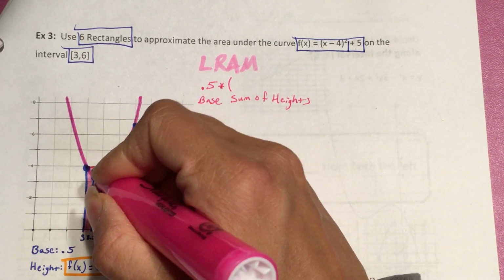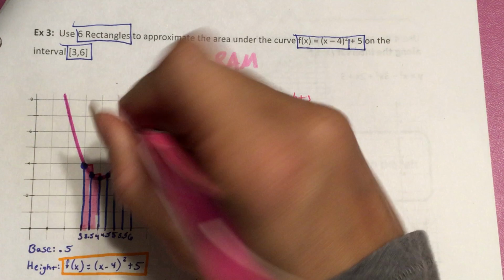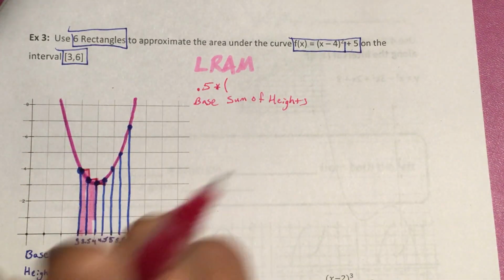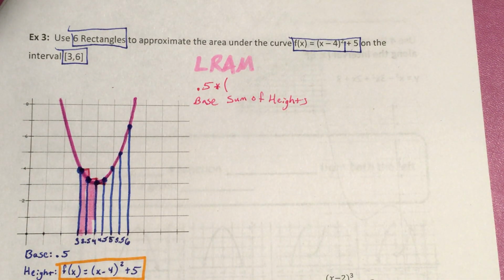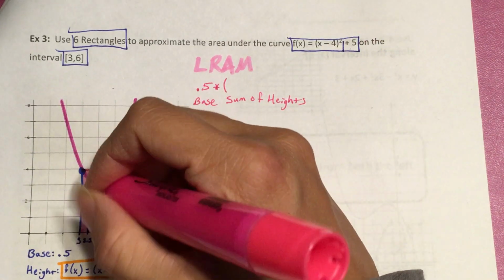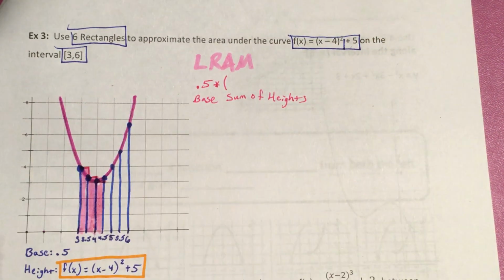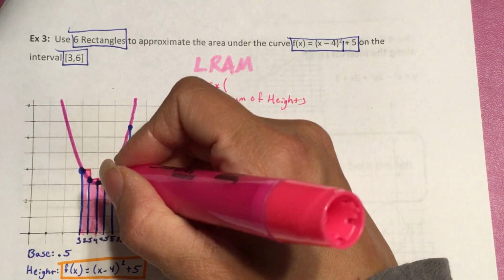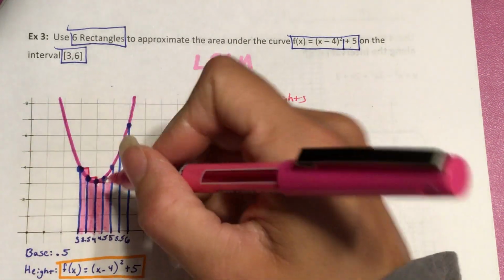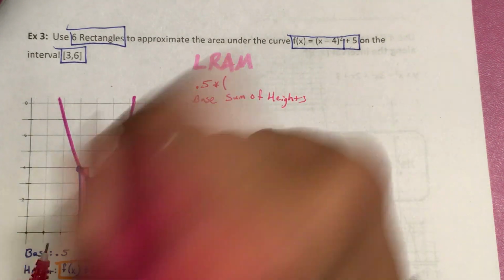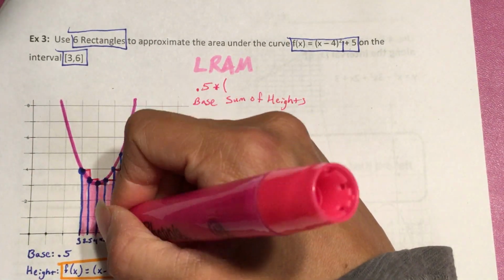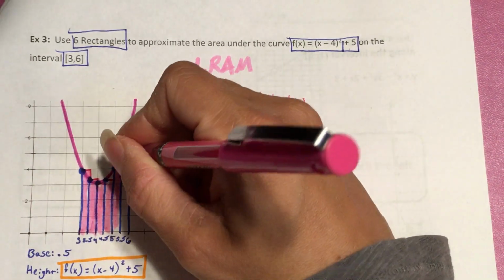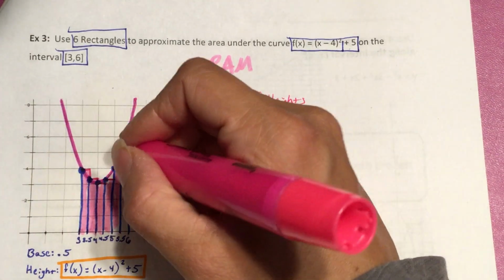Draw our height, color down. This is our height, color down. This is our height, color down. And then this is our height.